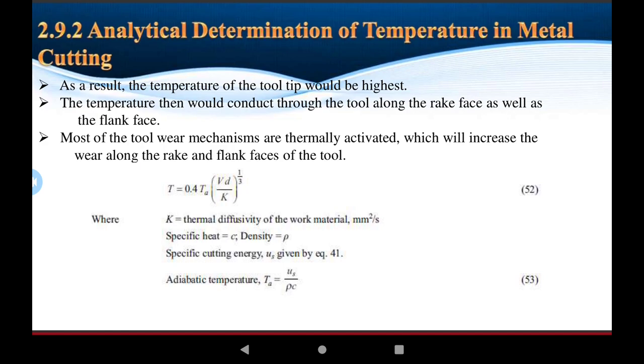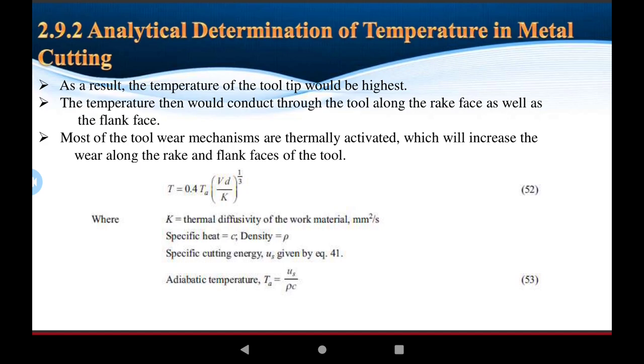Okay, the formula is T = 0.4 Ta (V d / K)^(1/3), where 0.4 is a constant value, and K is the thermal diffusivity of the work material in square.